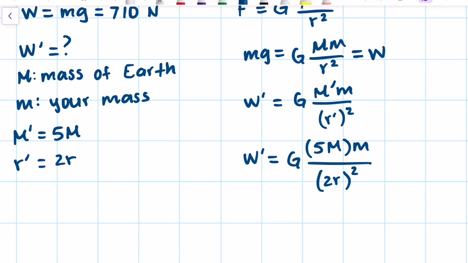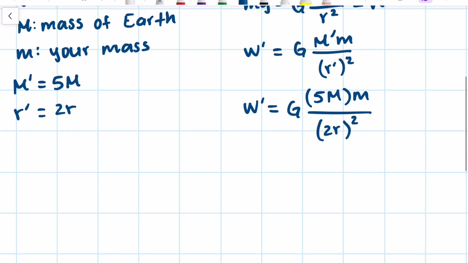Well, let's clean this up. Let's get rid of the parentheses. We don't have to do anything in the numerator. For the denominator, we'll distribute this square, and we'll get the following. Weight prime is equal to the constant times 5 capital M times lowercase m divided by 4r squared.